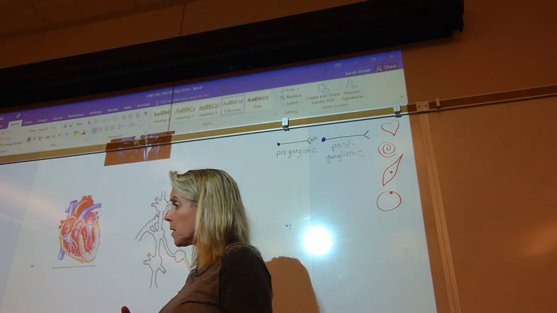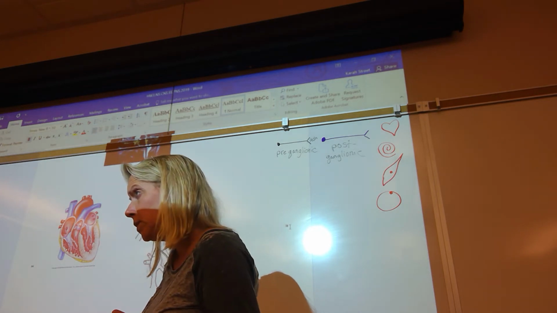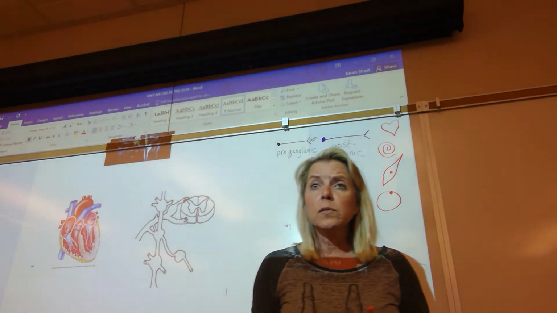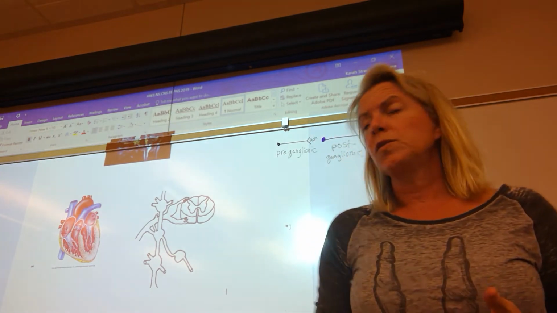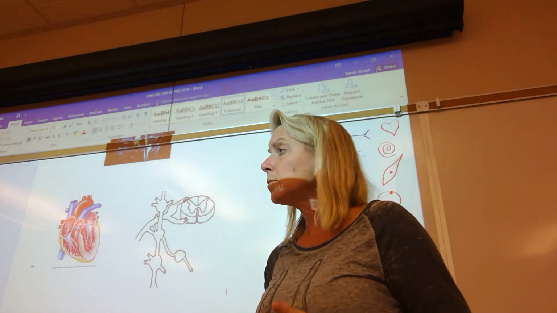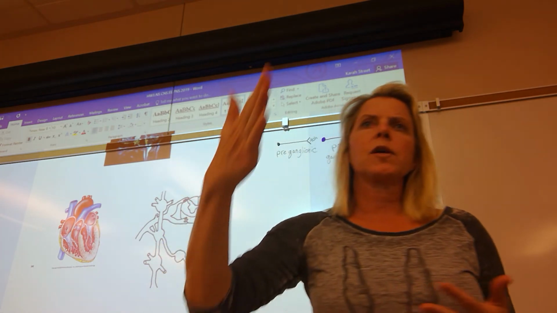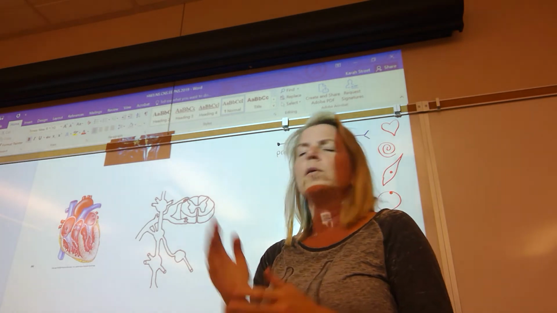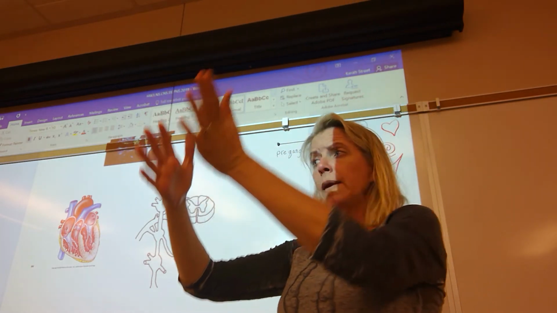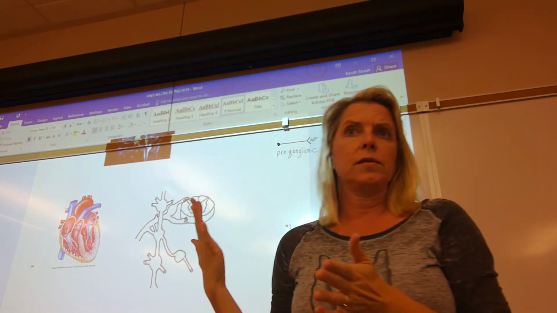Remember, some of them can be sensory only, some of them can be motor only, some can be mixed. Spinal nerves, they're all mixed. We have some fibers coming towards the spinal cord, afferent, sensory, and we have some outgoing commands, efferent. Right?